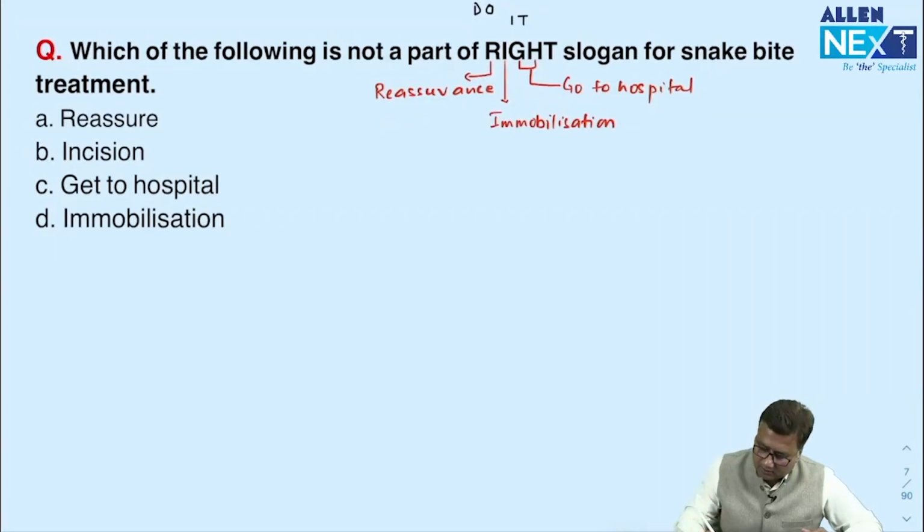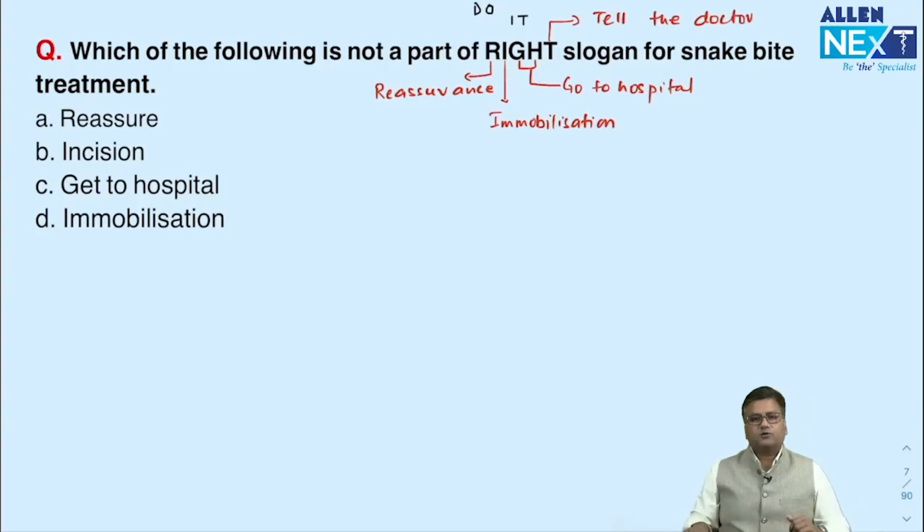And with T, it means tell the doctor. So to educate any kind of peripheral treatment to common public, what is being told to them is that whenever you have a snake bite victim, reassure the patient, immobilize the limb, go to the hospital, tell the doctor what you have seen. This is called as right slogan. So in right, what is not included is giving any incision to that area. So no incision has to be given.